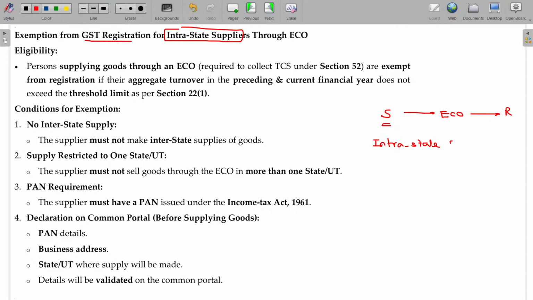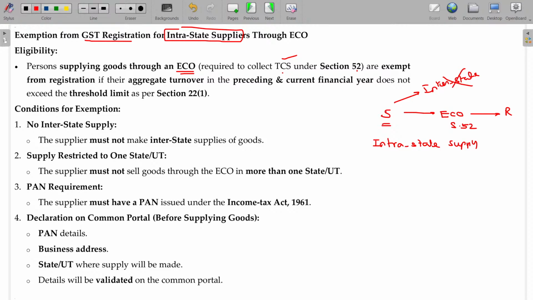Intra-state. Okay. In case of interstate, he is not eligible. He is not eligible. Is that clear? Person supplying goods through an ECO and who has registered under section 52. What about that? He has registered under section 52 for collection of TCS from the supplier and pays on behalf of the supplier.